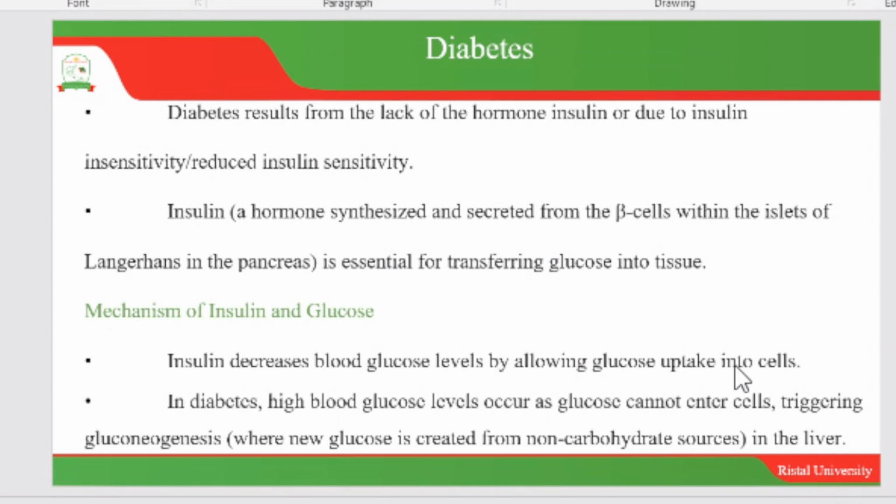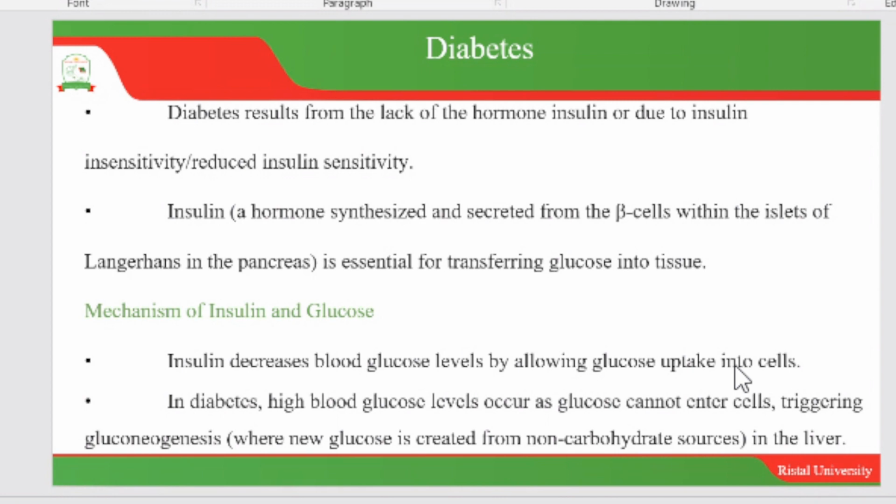And what facilitates that uptake is the insulin. So in cases where the body cells have become insensitive or less sensitive to this insulin, there will be a lot of glucose circulating in the blood when it is not taken up by the tissues for its functions.